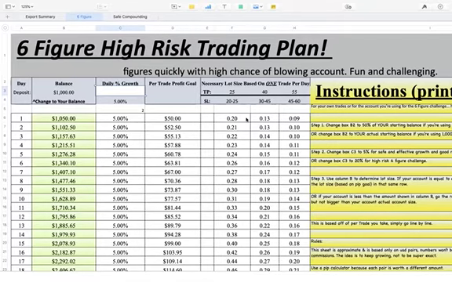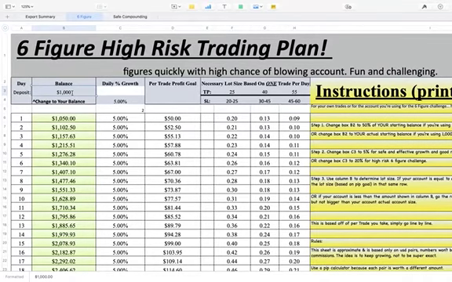Okay. So let's go a step further. Let's say we're taking one of these challenges for these funded accounts. One of them that I looked at today, they give you access to $20,000.